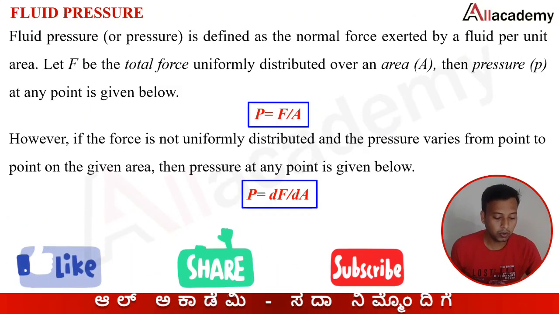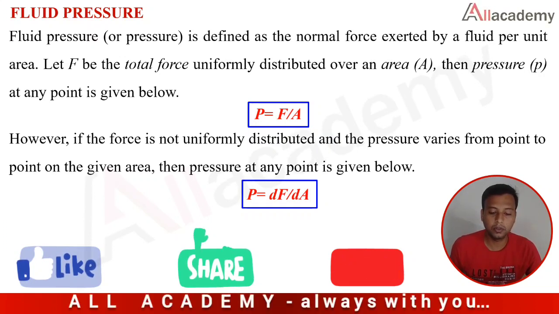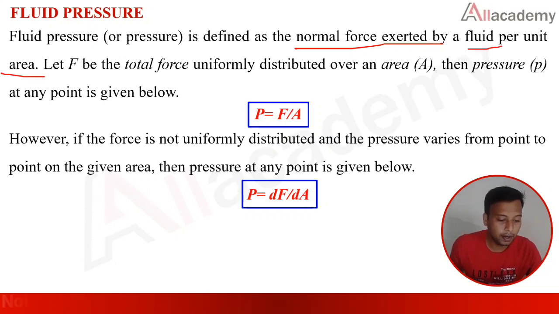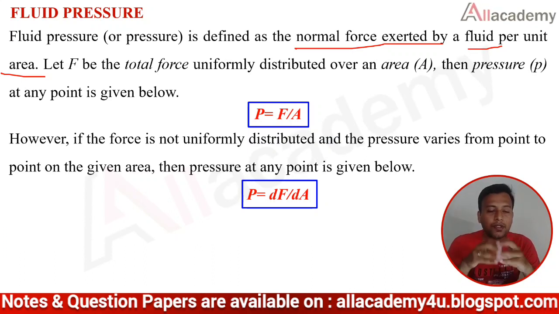Now we all know that pressure is defined as the normal force exerted by a fluid per unit area, means it is force per unit area. It is called fluid pressure or simply pressure.